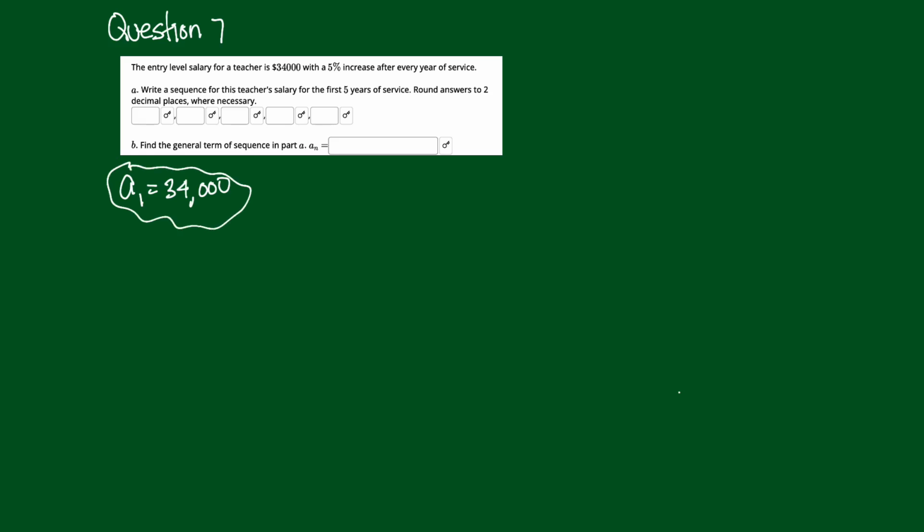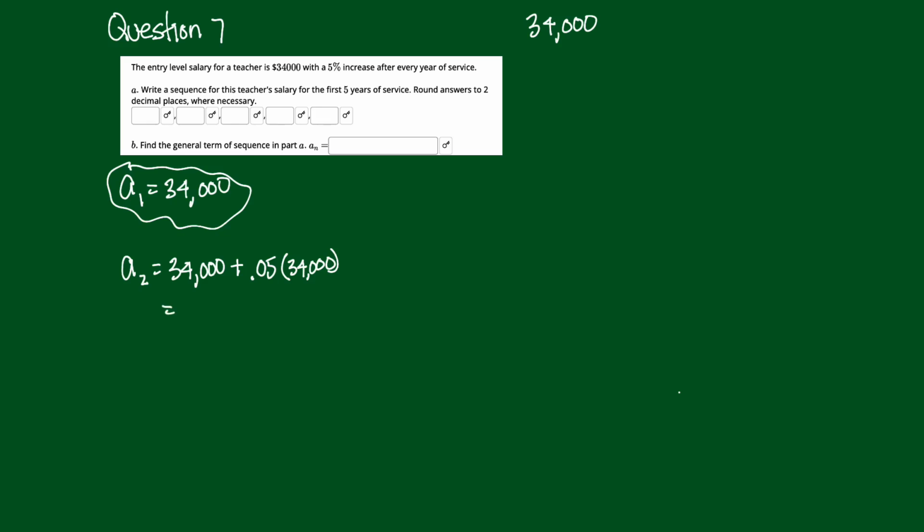I'm going to keep track of these up here to the top right. $34,000. Now, what about the salary in year 2? Well, you're currently making $34,000, but then you're going to add on the raise. Now, the raise is 5%. So it's 5% times 34,000.